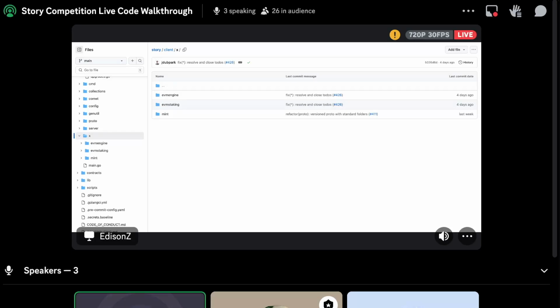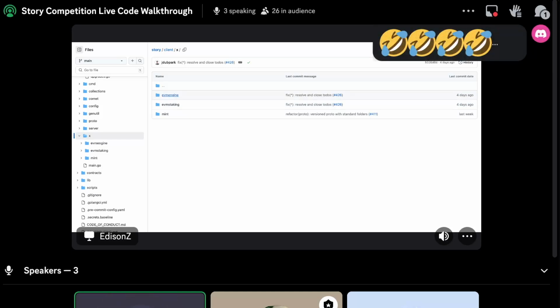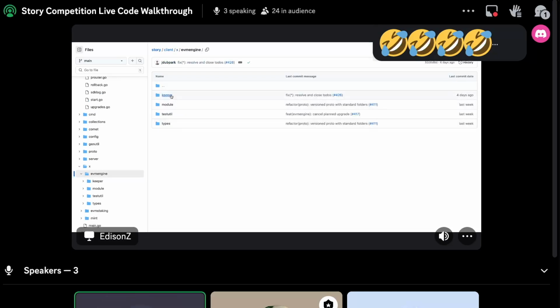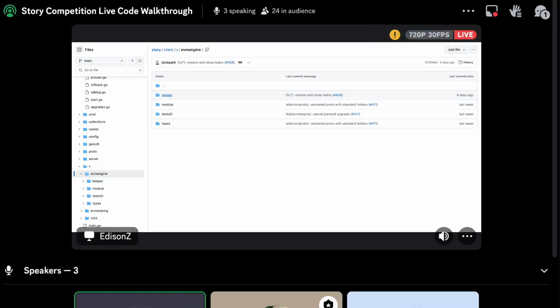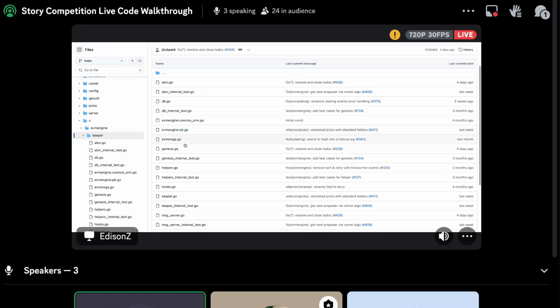So here we have the EVM engine module I mentioned earlier, that is inspired by the Omni team. Here is the code that mostly communicates between the consensus and execution layers, basically translating ABCI function calls to Engine API function calls.